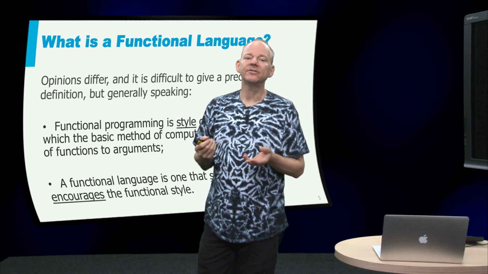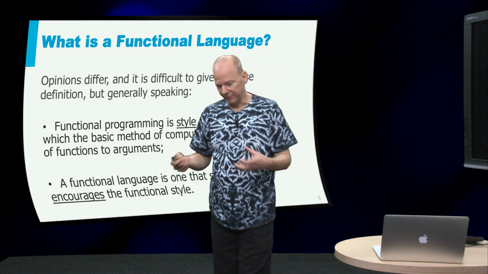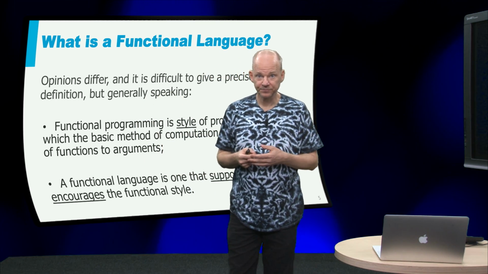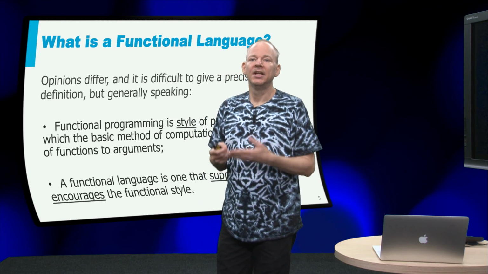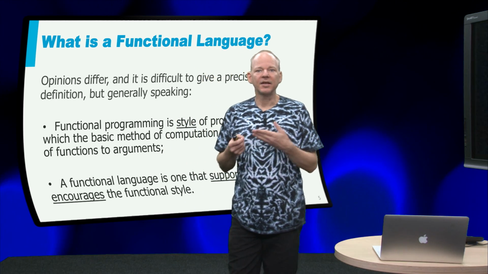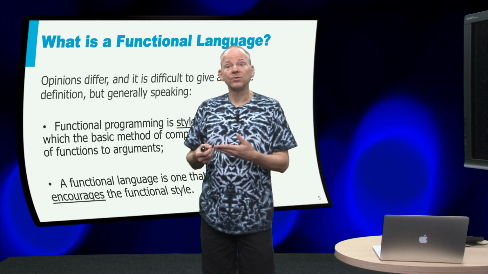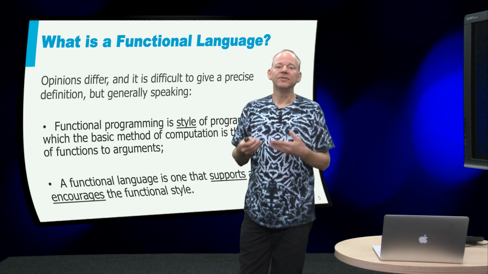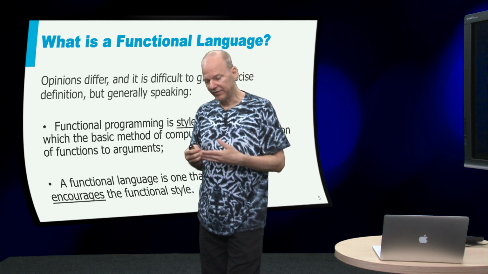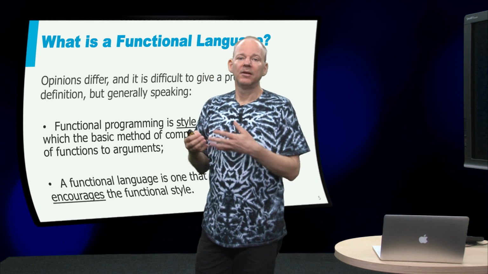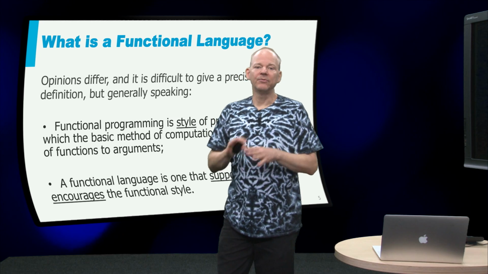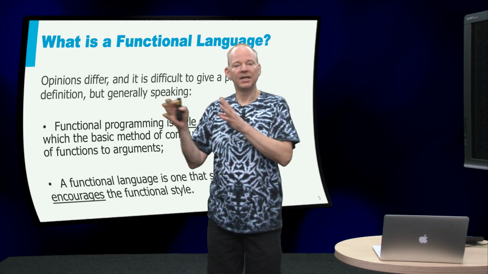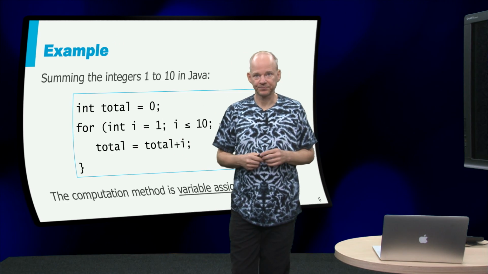Whereas in an expression-based programming style, expressions return values, and we compose these values directly. So a functional programming language is a language that supports and encourages writing code using expressions. And as I said before, most modern languages now support this style. And they support this style specifically by supporting lambda expressions. And we will see examples of functional programming in many, many languages as we progress through this course.